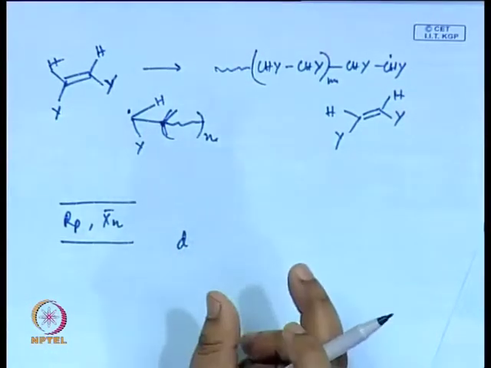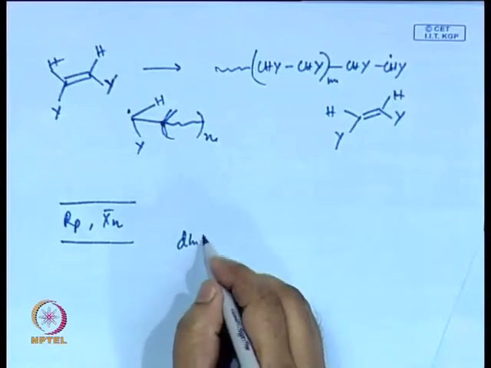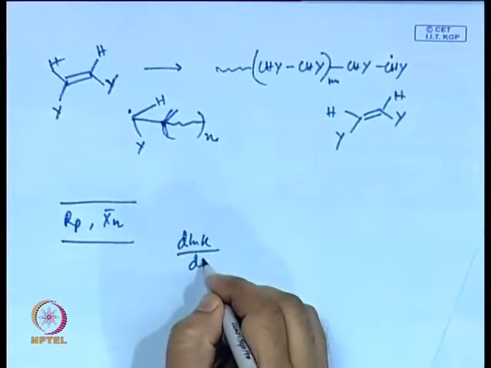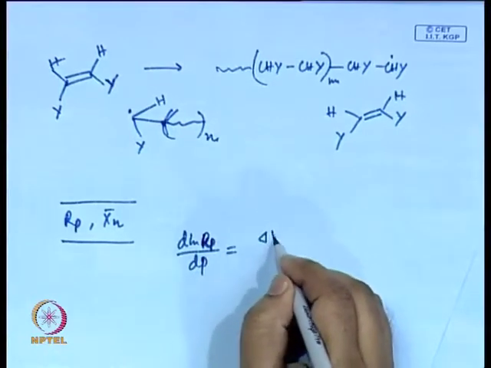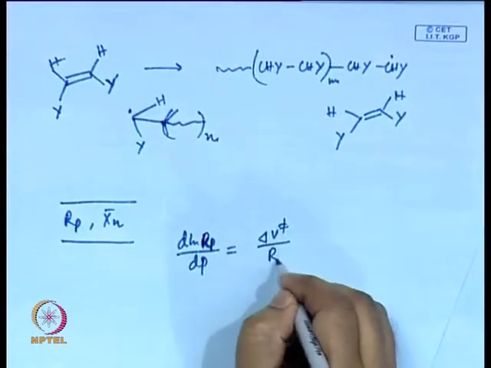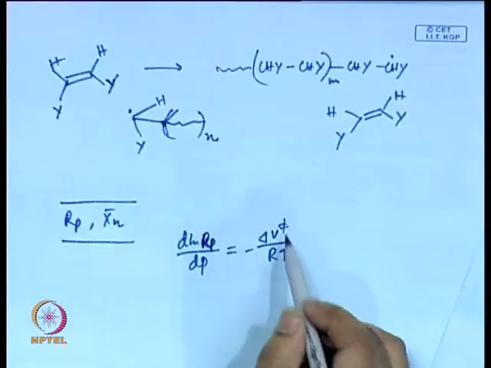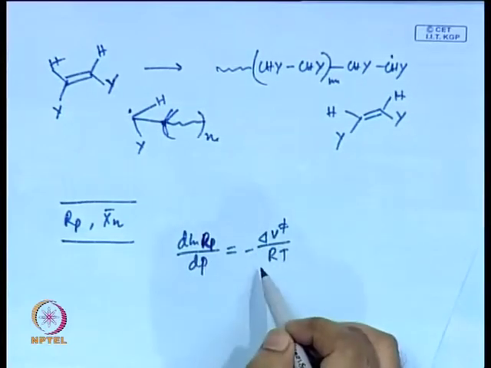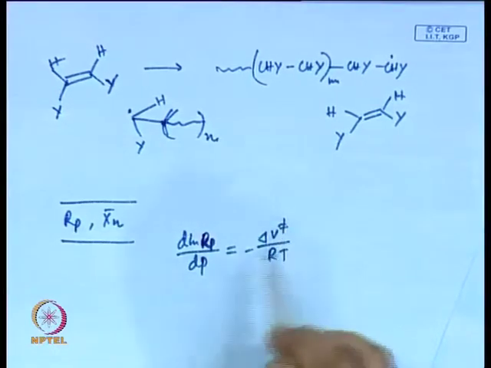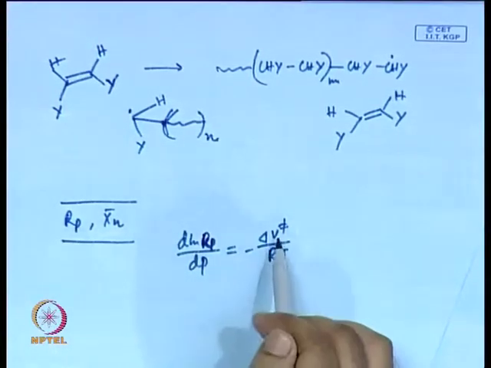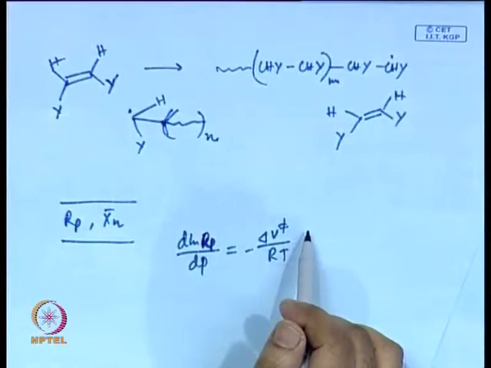If the change in dRp is del V star by RT, you can write, similarly to activation energy in the case of temperature, activation volume in the case of pressure.